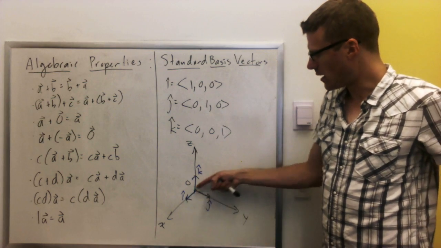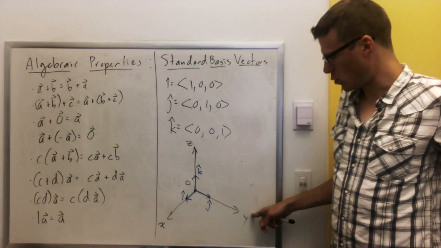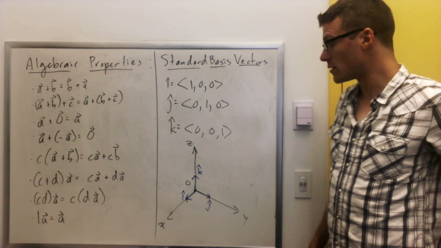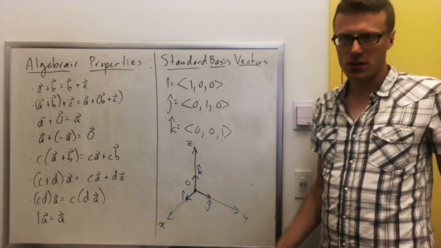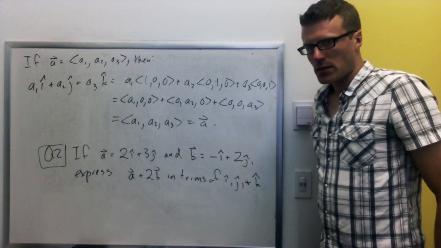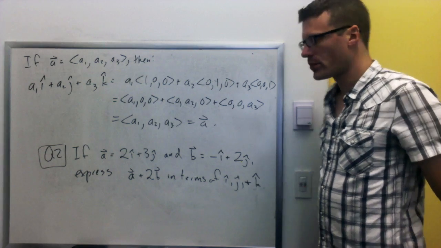So here's i, just going up 1 along the x-axis, j just going up 1 along the y-axis, and k just goes up 1 along the z-axis. So this just gives us another way of representing vectors.